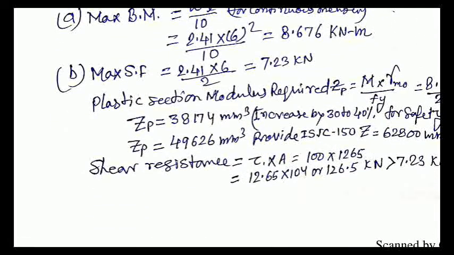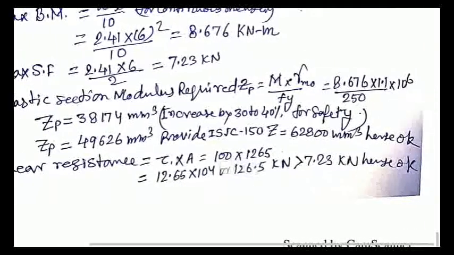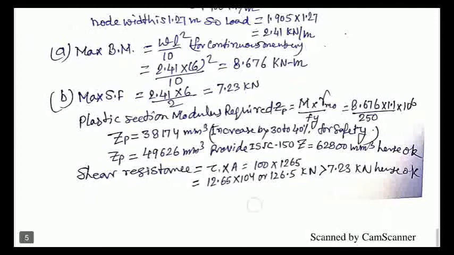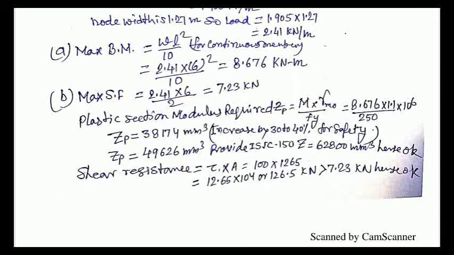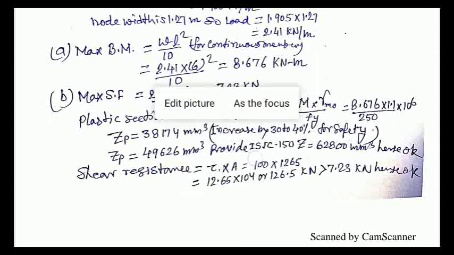Now plastic section modulus required for the section to be provided, ZP will be M into gamma M0 divided by Fy. So ZP comes out to be 38,174 mm cube. But we have to increase it by 30 to 40% for factor of safety.